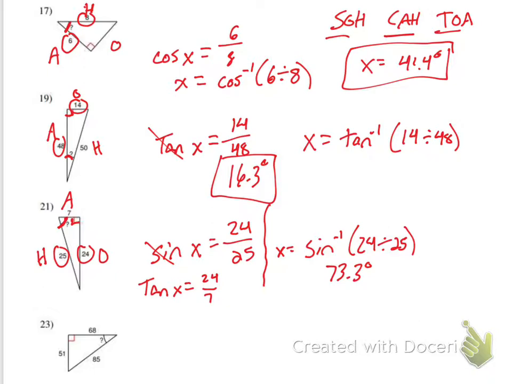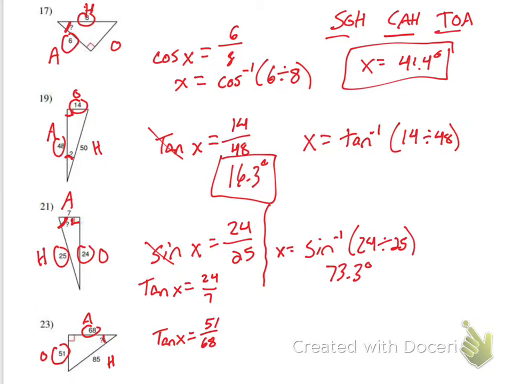Okay? All right, 23. Here's my hypotenuse. And then I have my angle there, so this is opposite, and this is the adjacent. I'm going to use tan, just because I have opposite here and adjacent here. So tan x is equal to 51 over 68.